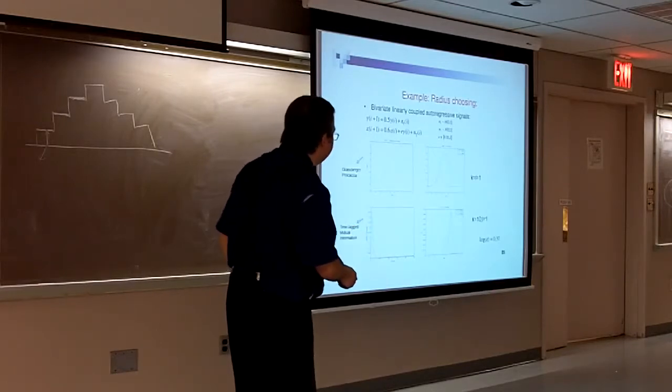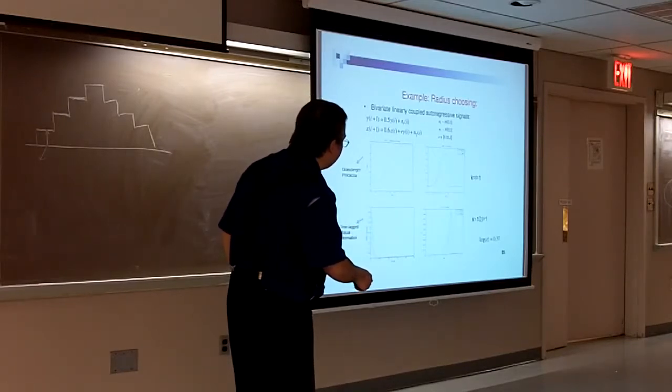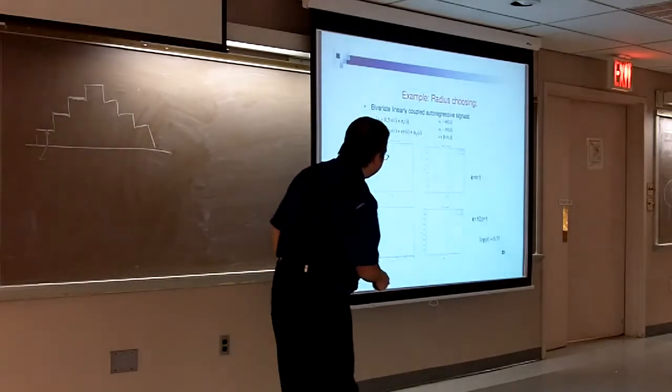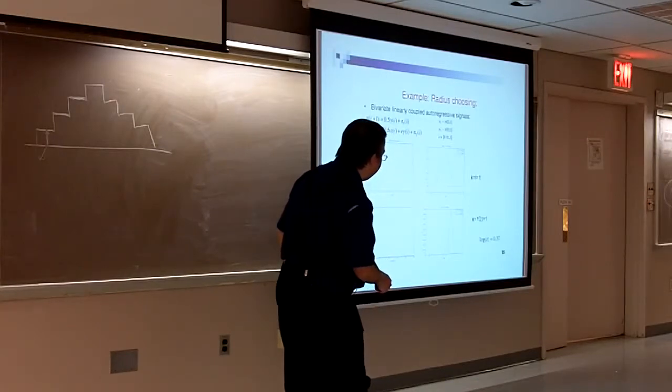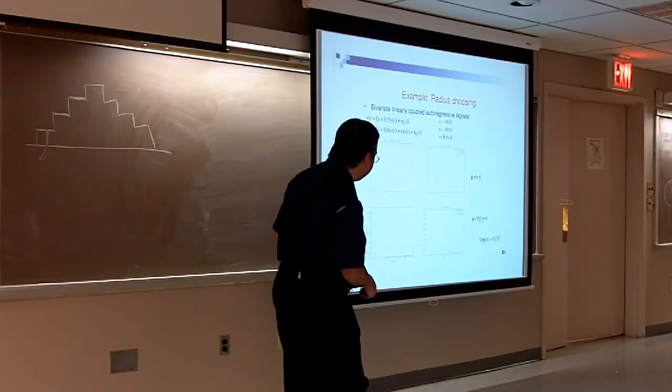These are the log of radius values. I'm sorry, they are so small. I'll tell you the values. And then I take K equals 10 from this mutual information, and L equals 1.